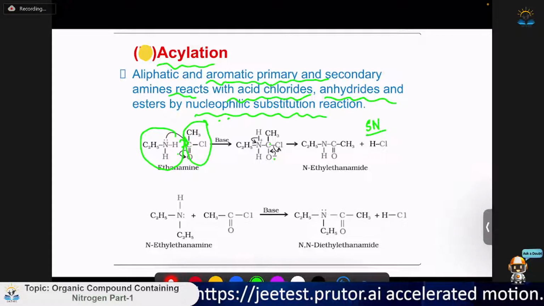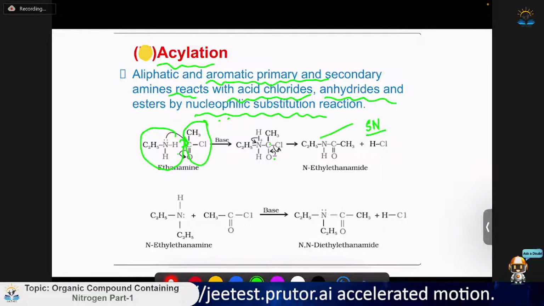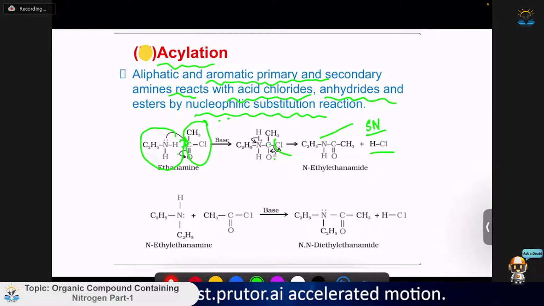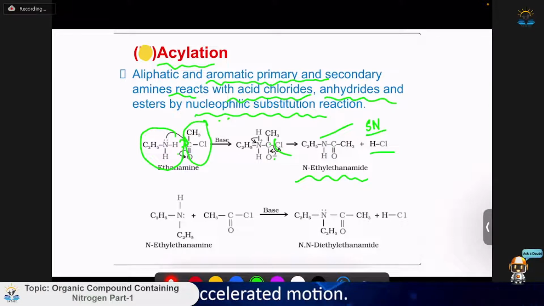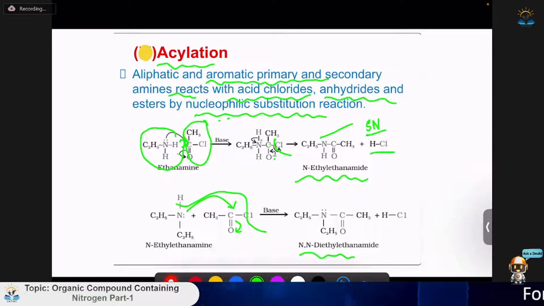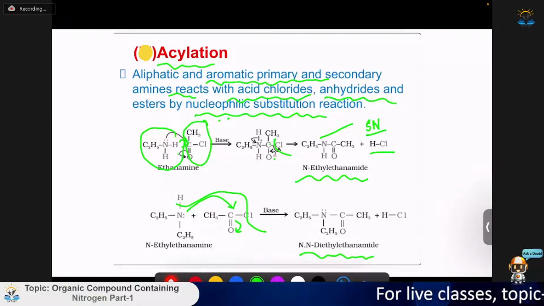One hydrogen is leaving with Cl to form HCl, and the final thing formed is N-ethyl ethanamide. Similarly, here this will attack here, this will go here, and HCl will move out to form N,N-diethyl ethanamide. So we saw alkylation and we saw acylation.